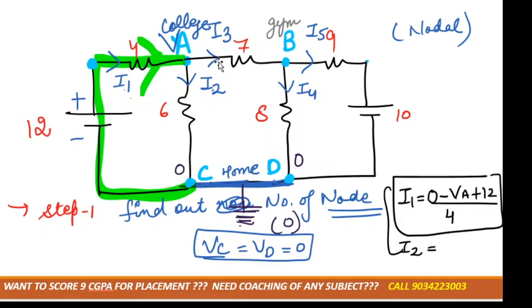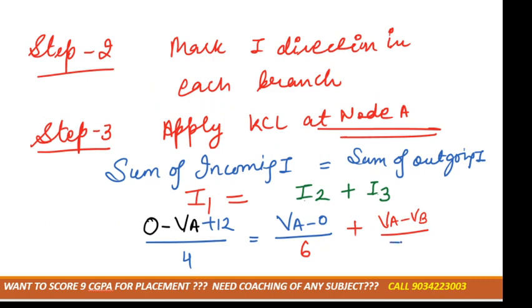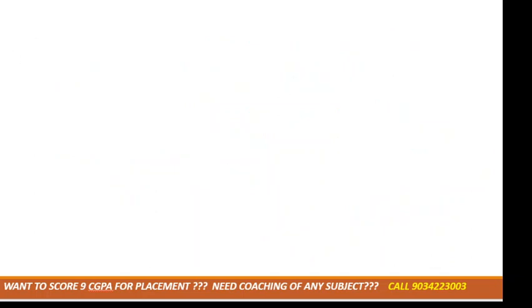How much is the resistance in the path of I3? 7, divided by 7. Okay. So after solving it, can we get the equation in the form of VA and VB, right?